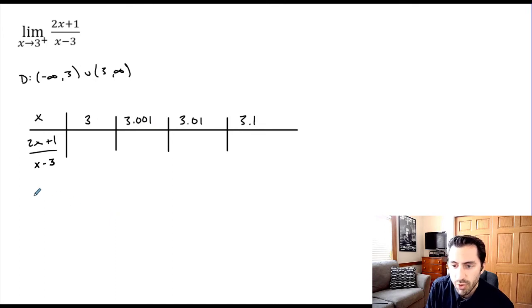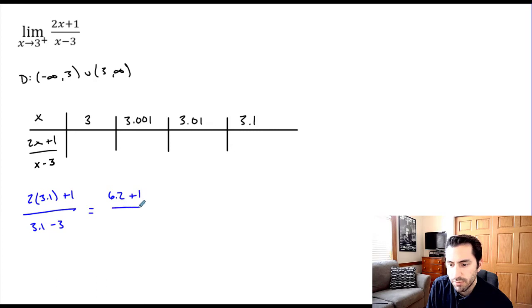So if I plug in 3.1, let's just take a look and see what we end up with. We have 2 times 3.1 plus 1, divided by 3.1 minus 3. So we're going to end up with 6.2 plus 1 over 1/10. That gives me 7.2 over 0.1.